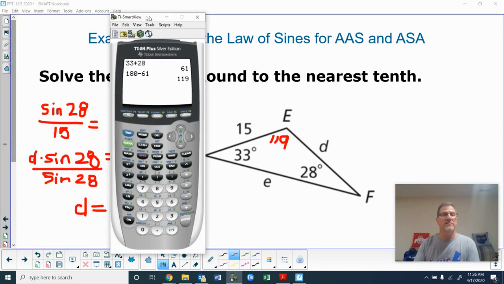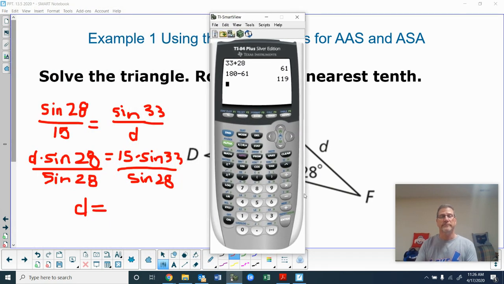Move it over so we can see it. So 15 sine 33. Make sure you close it off. Whenever you hit sine, it starts a parenthesis, so close it off. Divided by sine, see the parenthesis, so 28, and then close it off. Remember, we should be in degree mode, and we'll get 17.4, nearest tenth.